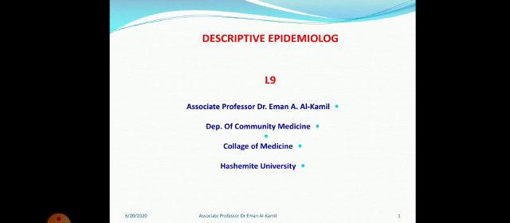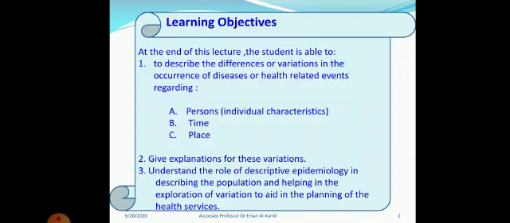In this lecture, we are going to discuss descriptive epidemiology, and by the end of this lecture, the student should be able to describe the differences or variation in the occurrence of the disease or health-related events regarding person, time, and place.